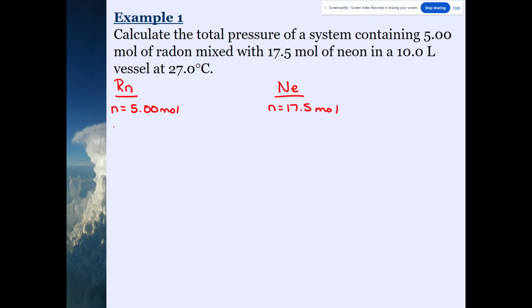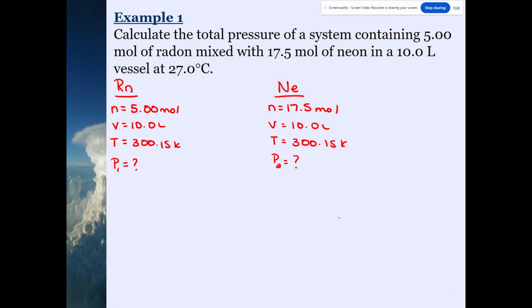I have a volume of 10 liters for each of them. They're in the same container, so they have a lot of the same conditions. The temperature is 300.15 Kelvin, and this temperature is also 300.15 Kelvin. I want to find the pressure of each. I'll call this P1 and I'll call this one P2.